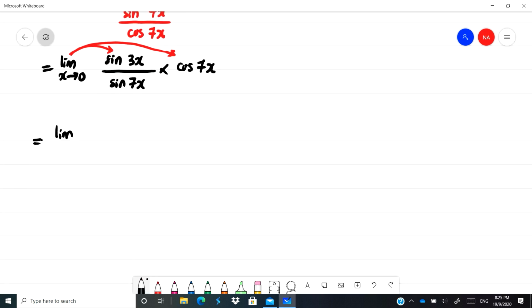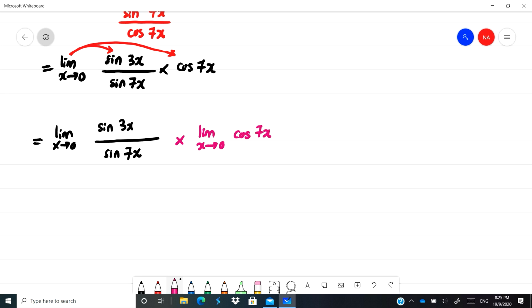It will be limit as x approaching 0 of sine 3x over sine 7x, and then we multiply with, I'll write it in purple, the limit as x approaching 0 of cos 7x.